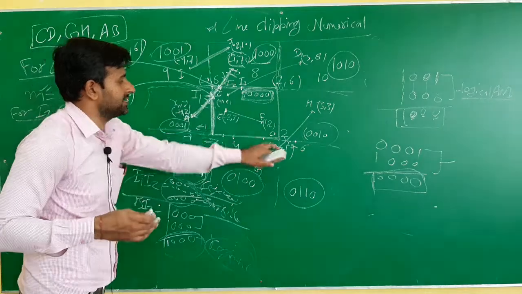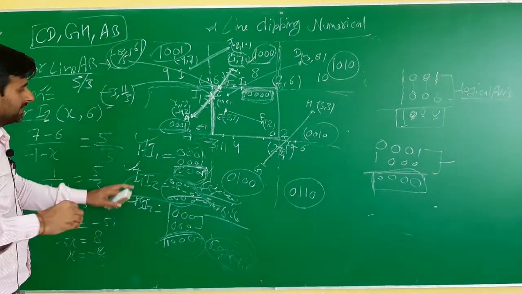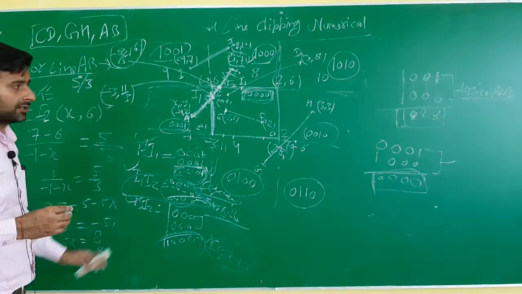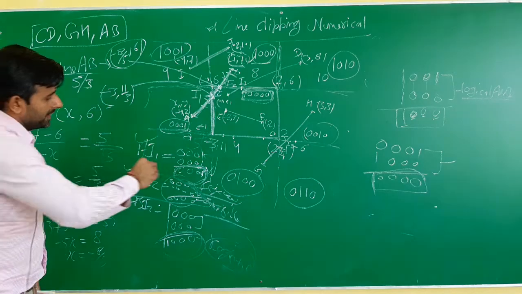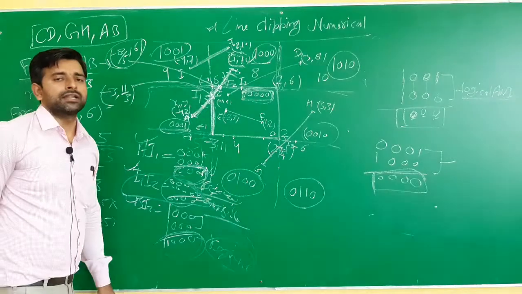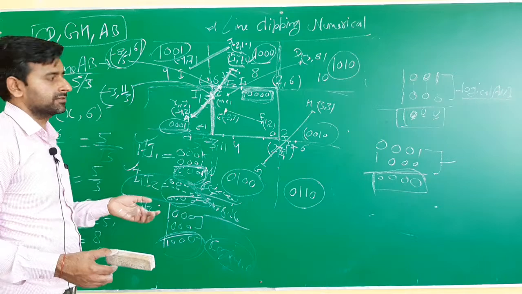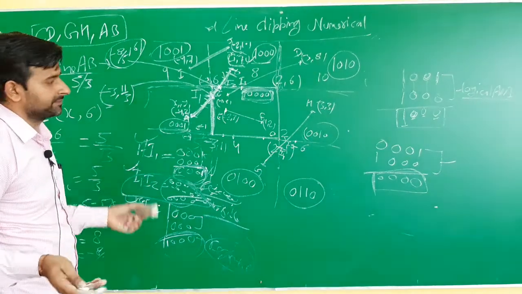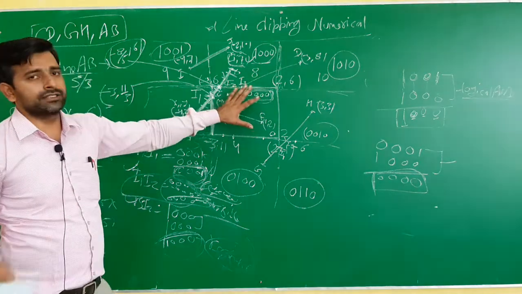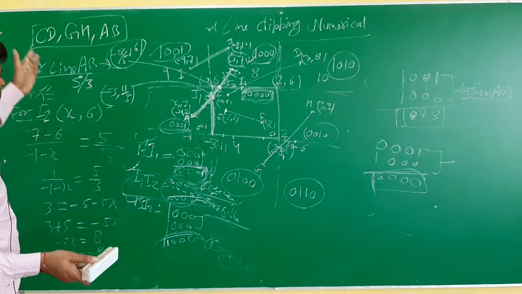And after getting these points, again perform the logical AND operation on this, and get our result, that is visible, non-visible or clipping. Clear? The remaining 4 lines you will do yourself and follow this process.